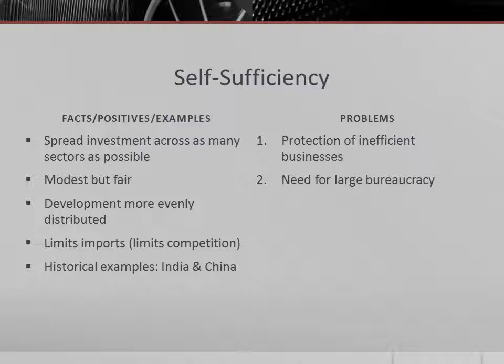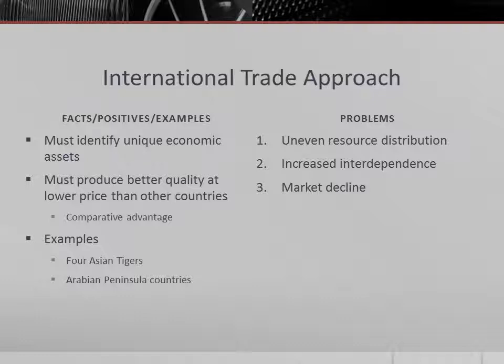You're trying to prop up things that otherwise, if the market managed itself, would fall off because they wouldn't be competitive. In addition to that, you need a very large bureaucracy, a very large organizational system to help facilitate this.